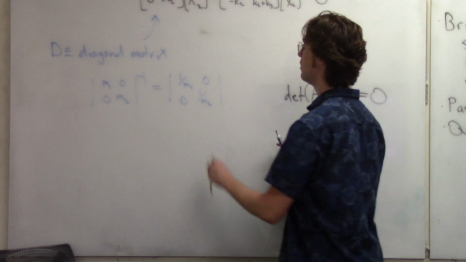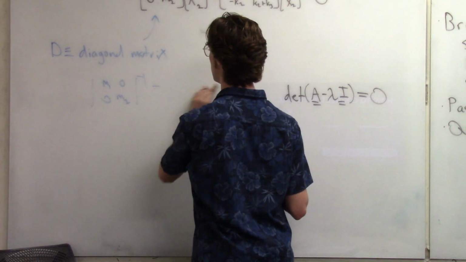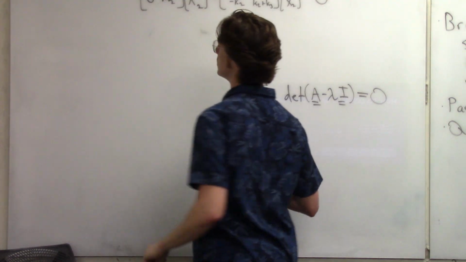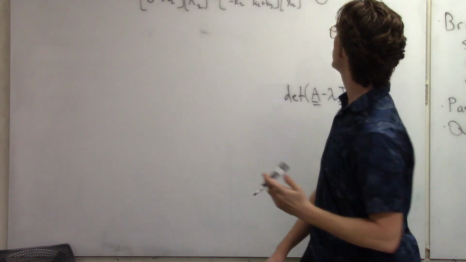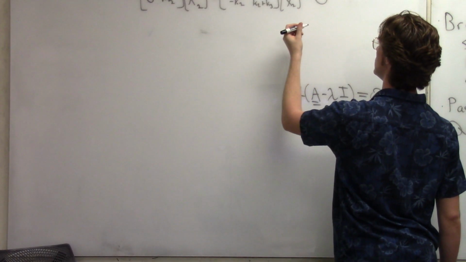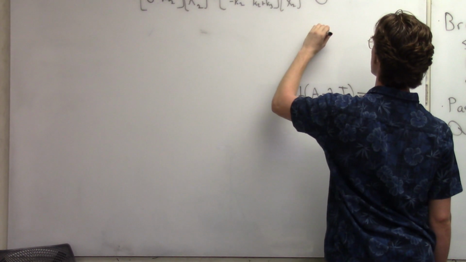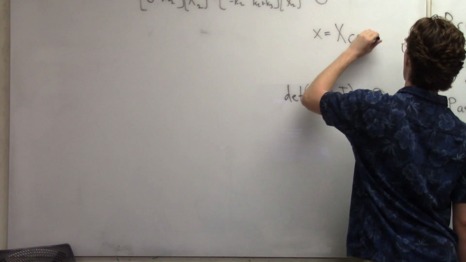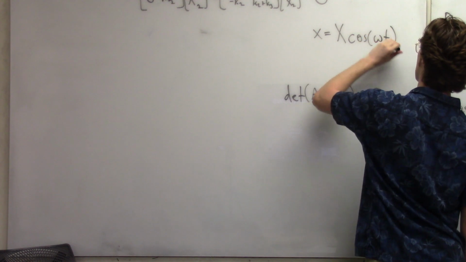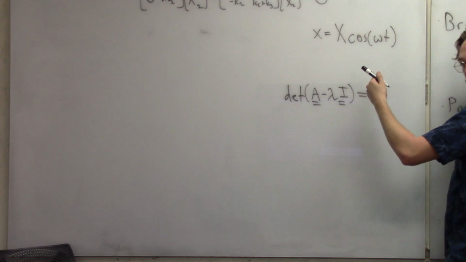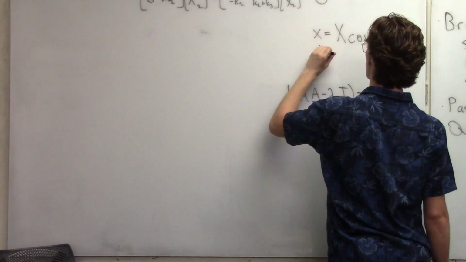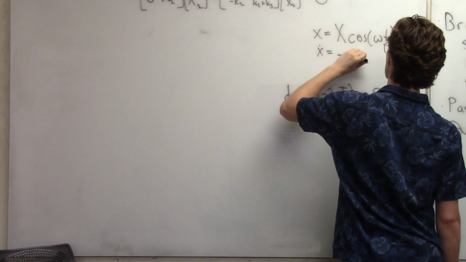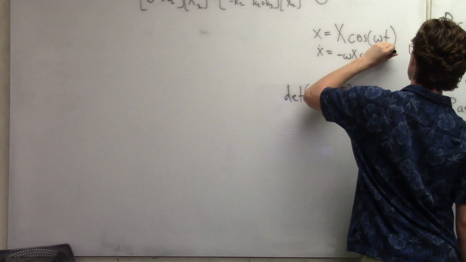So, now, with that in mind, I'm going to do one more thing. We're going to assume our solution is of the form little x equals big X times cosine of omega t. When we differentiate this once, we're going to get minus omega X sine omega t.